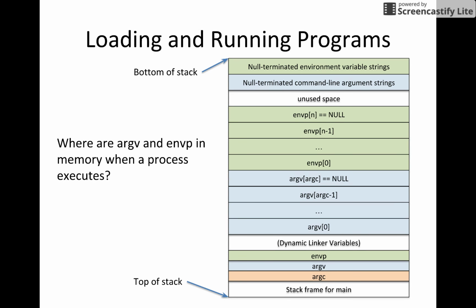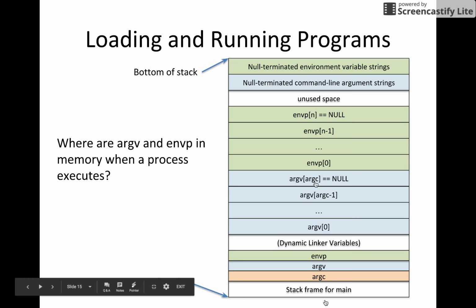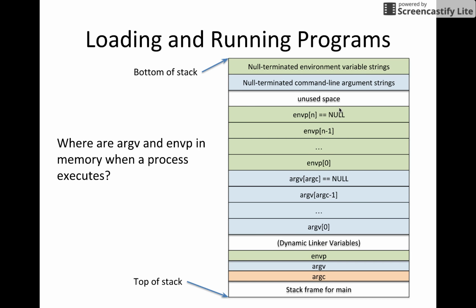So if we look a little bit deeper into how we store a program in memory and all of its parts, what we get is something that looks like this, where we have the bottom of the stack, where the null terminated environment variable strings are located. This is followed by the command line argument strings, which is followed by some unused space, which you can think of as padding.